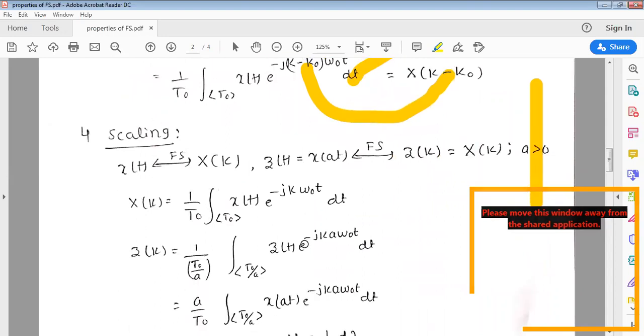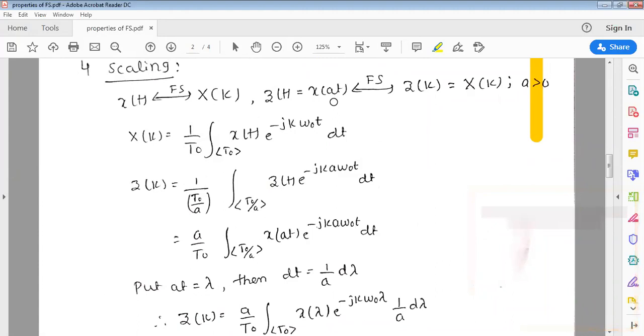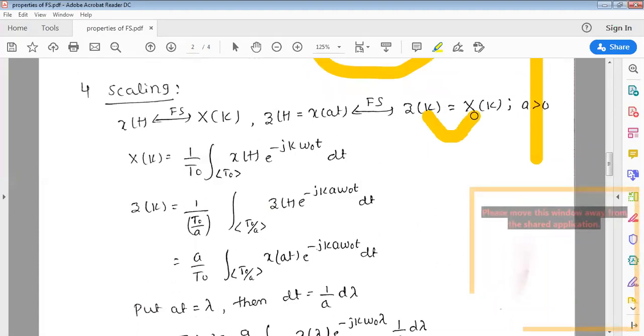Now scaling. Here there is a slight difference in the property. x of t gives you x of k. If you change x of t to x of at, the Fourier series will remain unchanged. If z of t becomes x of at, then z of k becomes x of k only.